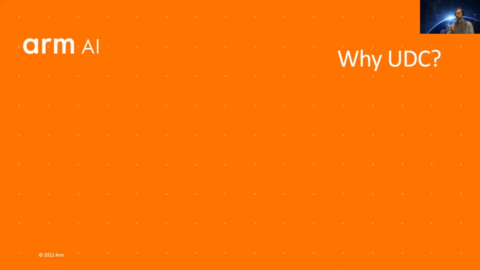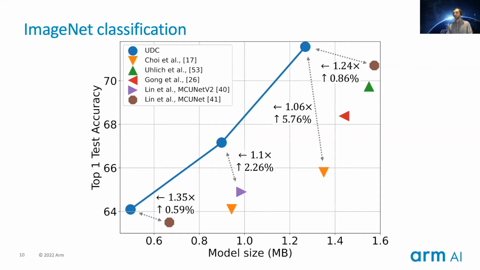Okay, so why use our approach versus others? Basically, the big reason is that it works very well. Here I'm presenting the results. These are models that our algorithm has designed automatically.